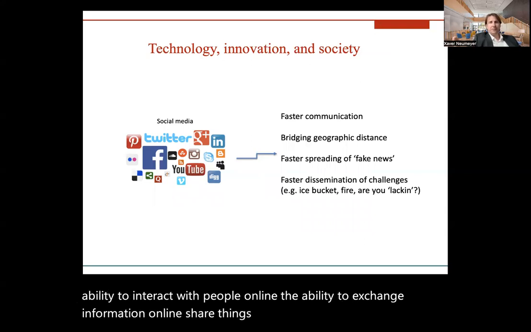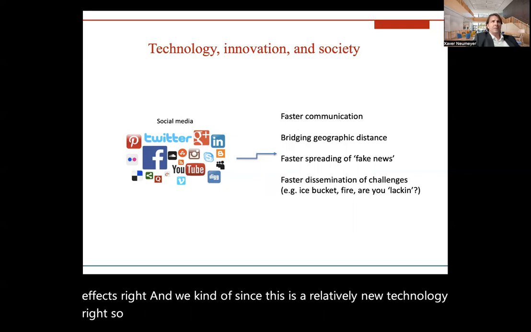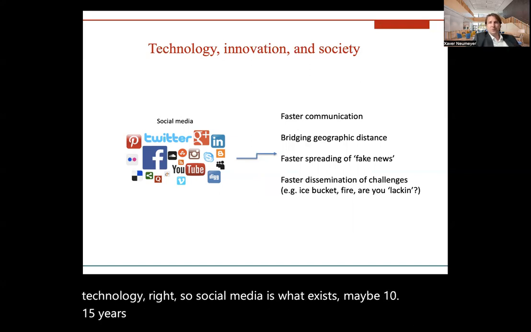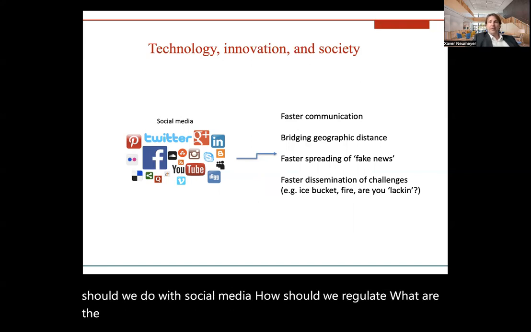And since this is a relatively new technology, social media has existed maybe 10, 15 years now, we are still dealing with that, right? So what should we do with social media? How should we regulate? What are the consequences of overuse, et cetera?